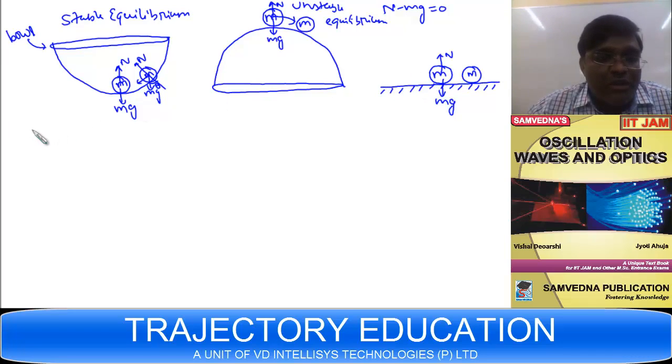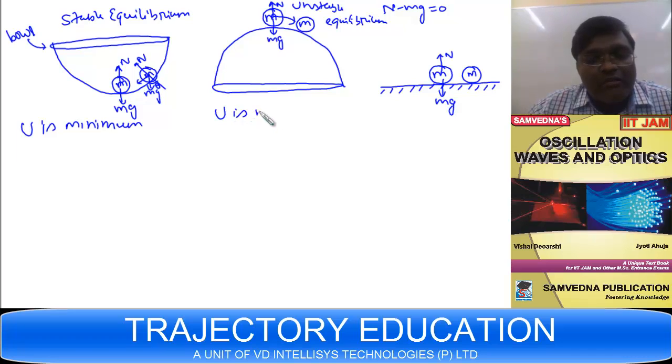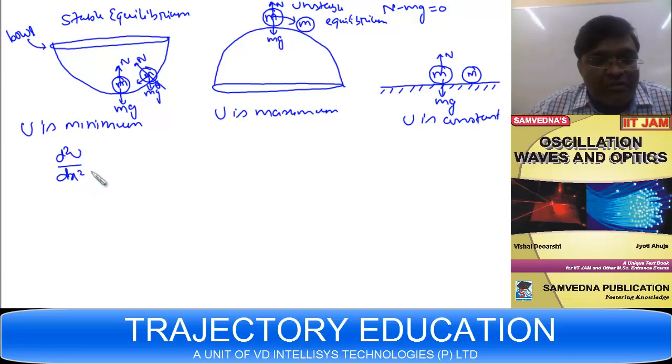So here in case of stable equilibrium, U is minimum, here U is maximum, and here U is constant. So U is minimum as d square U by dx square is positive.